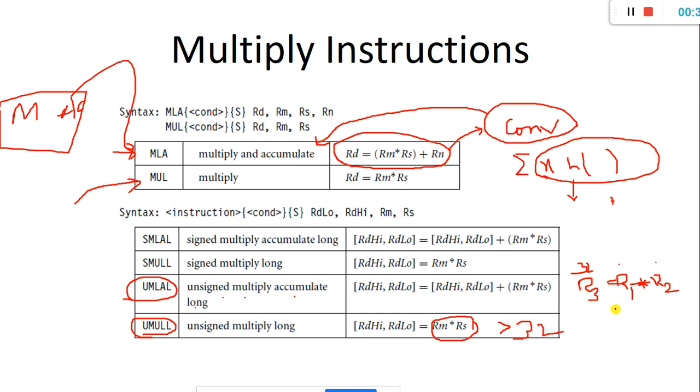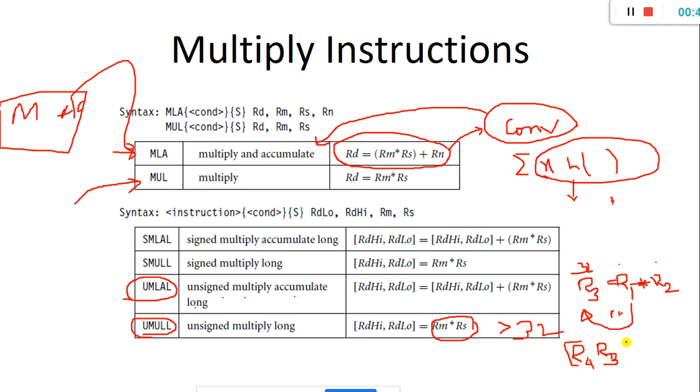Now if the two inputs are 32-bit and 32-bit at the highest value, then obviously the output will be greater than 32-bit. So two 32-bit data may give me a 64-bit output. It is possible for me to store the 64-bit data in the form of 32-bit data itself.